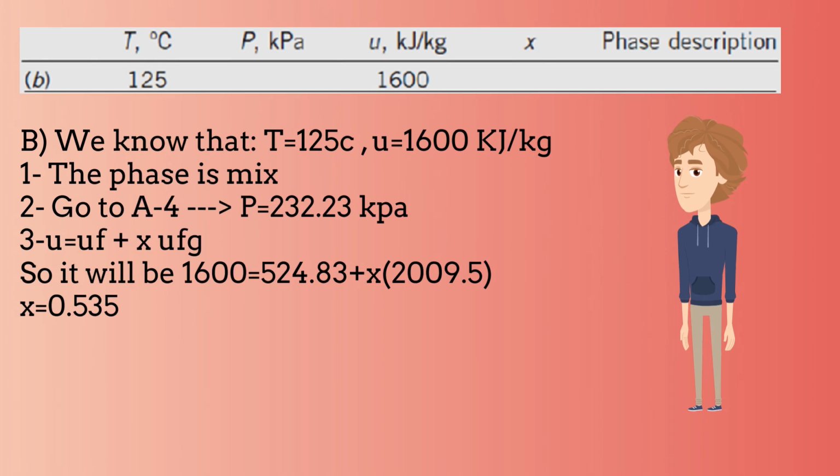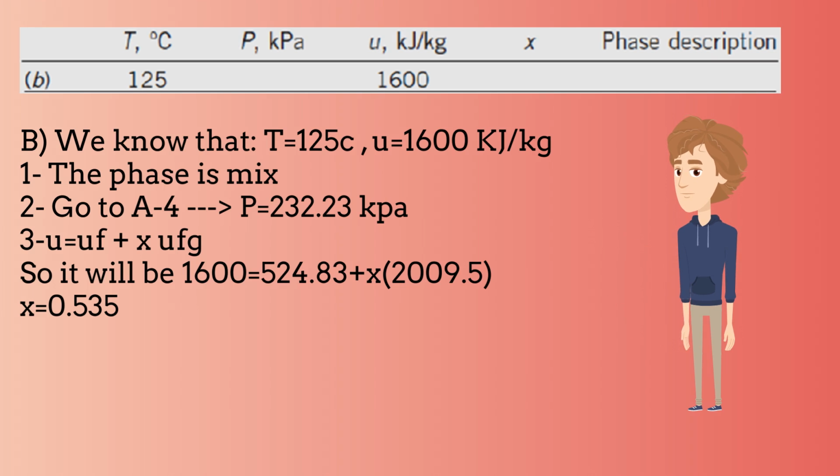In B, we know that T is equal to 125 Celsius and u is equal to 1600 kilojoule per kilogram. So first we will go to table A4 in order to determine the phase description. We will find uf, which is 524.83, and ug, which is 2534.3.